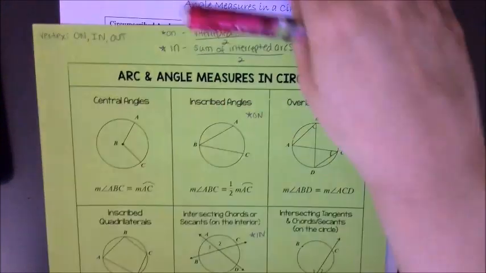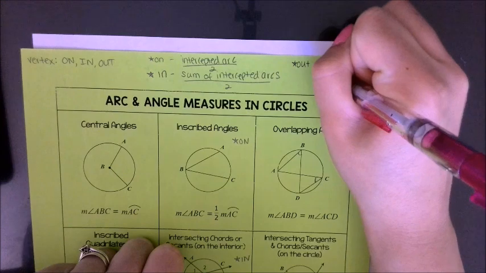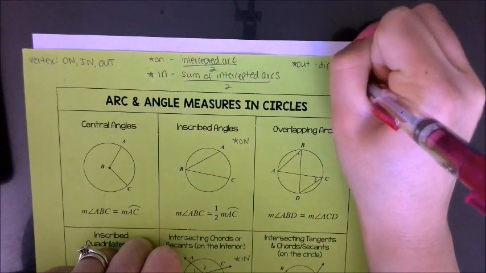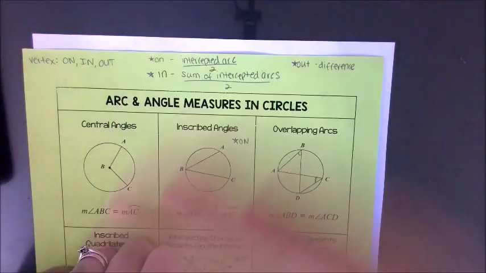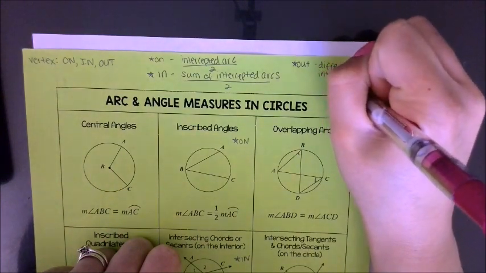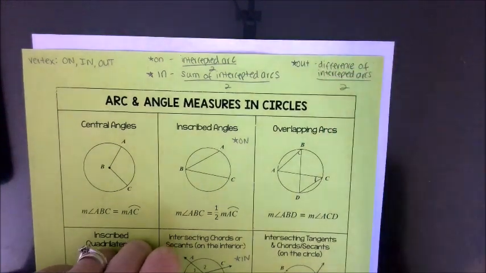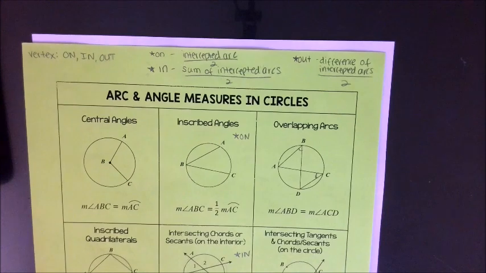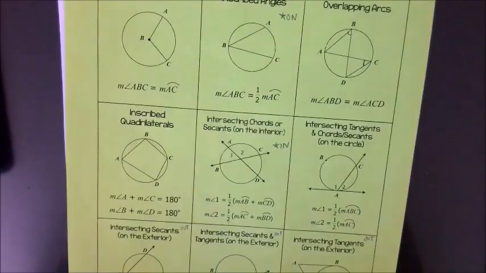If it's out, you're going to take the difference of intercepted arcs and divide by 2. And where is that located? That is down here.